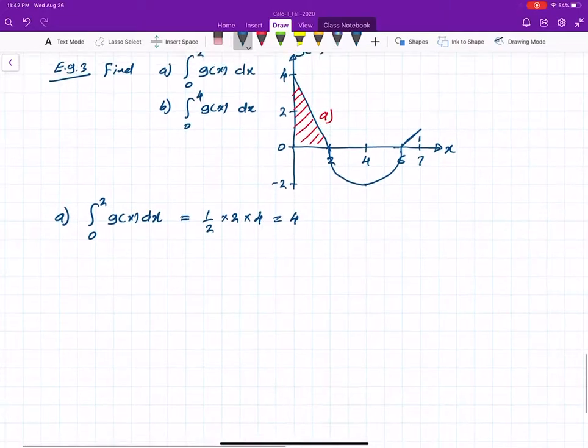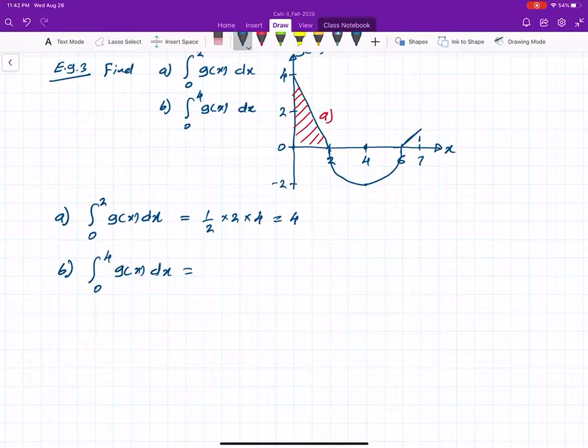Now go to part B. In part B, you have to integrate g of x dx from 0 to 4. Now you have to integrate from this point to that point. You can see it has two pieces now. The first piece is this triangle from 0 to 2, and the next piece is this from 2 to 4.